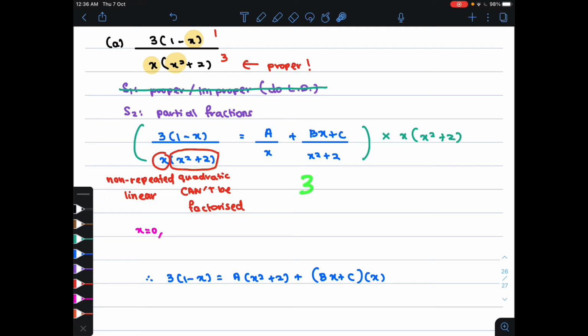But we need 3 values of x, and we only have 1 x. So we need 2 other values of x. Let's say positive 1 and negative 1.